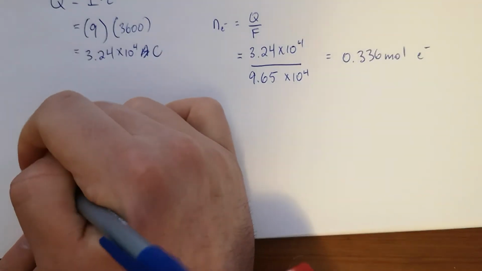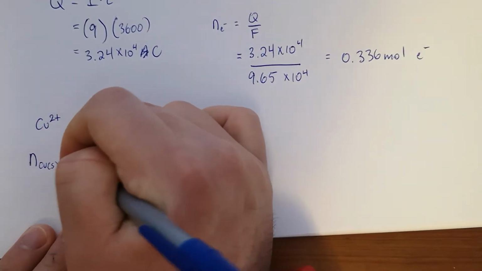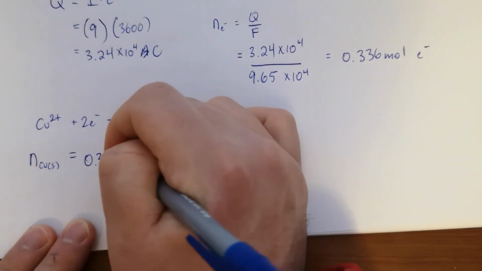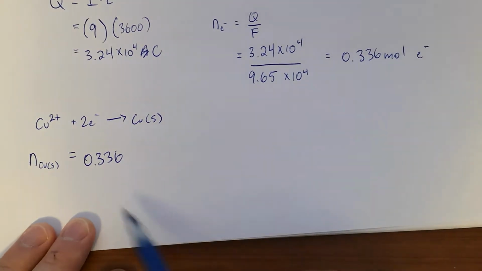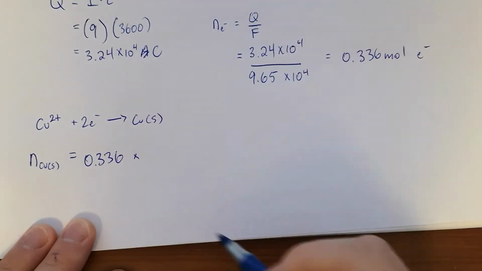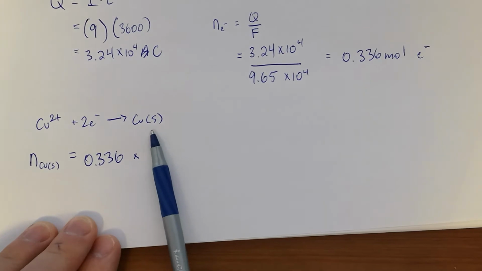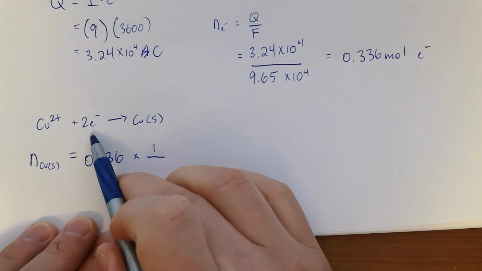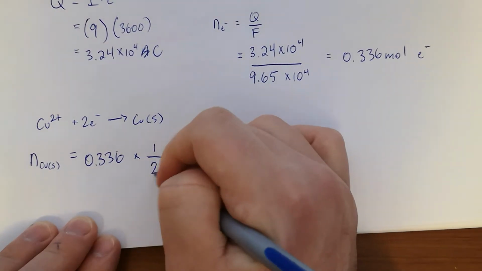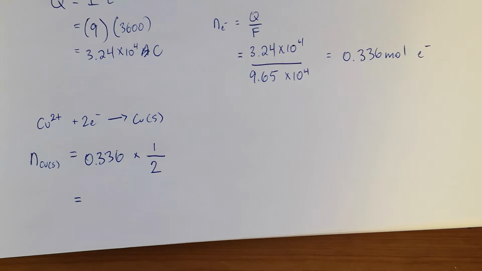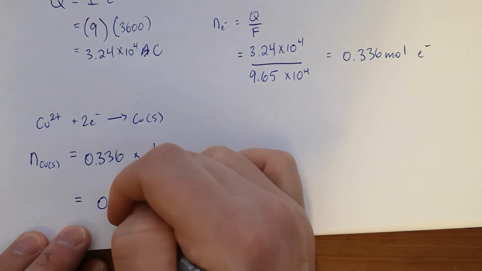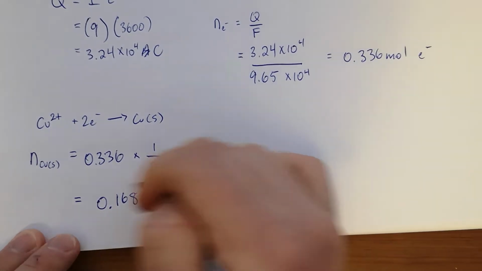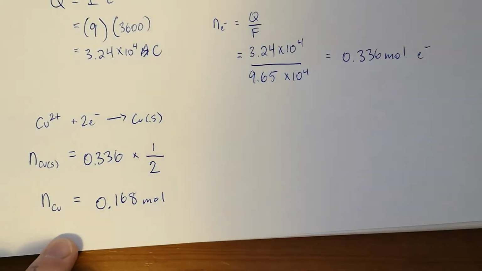Alright, so the number of copper moles is going to be the number of electron moles, and then the language we used back before the pandemic took away class was multiply that by desired over given. Alright, we're looking for copper, that's our desired. Its coefficient is 1. The given number of moles is electrons, its coefficient is 2. So this is going to tell us how many moles of copper are produced. I get 0.168. So that's the number of moles of copper.